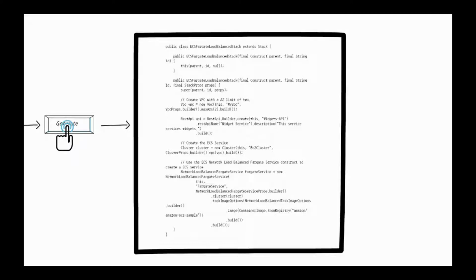Which means now what we have done here is that we have removed the translation effort between the architect and the cloud DevOps engineer. So there is this one environment in which the architect designs the AWS infrastructure, clicks generate code, and then the code is ready.